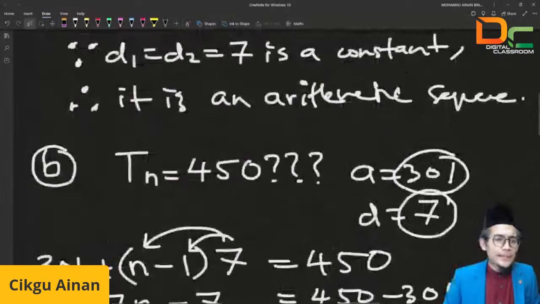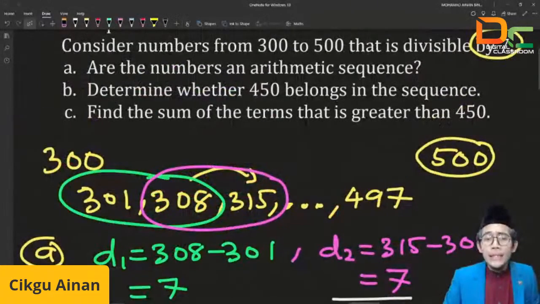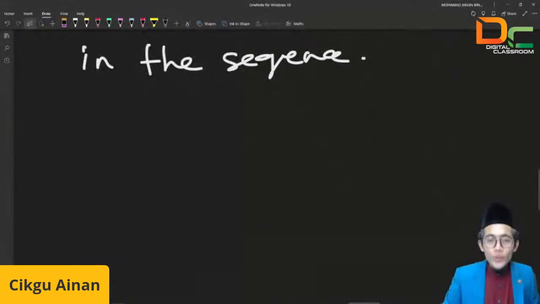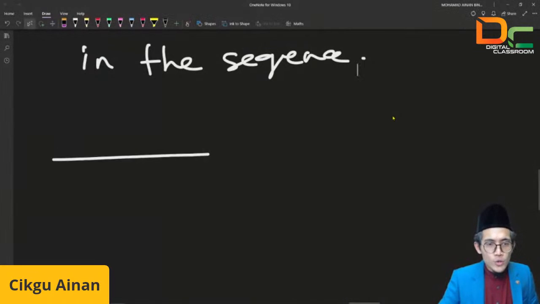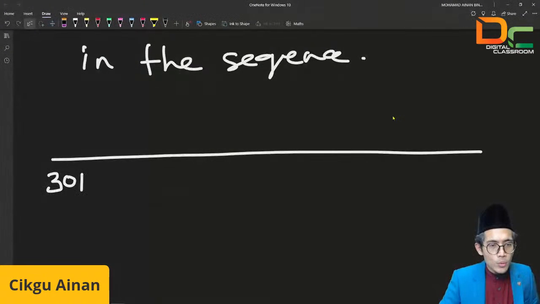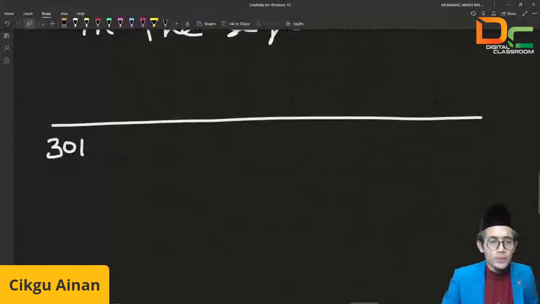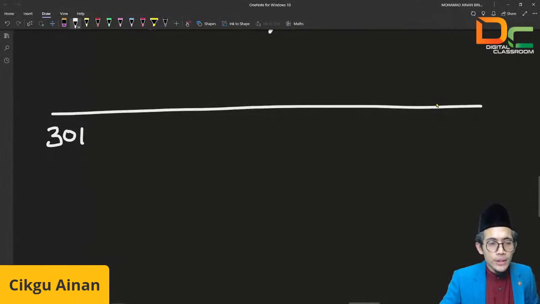Now this is the second part. Ada lagi third part: find the sum of the terms greater than 450. So we have the numbers. We start with this one, 308 and so on.